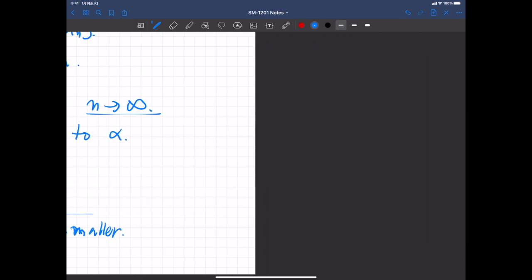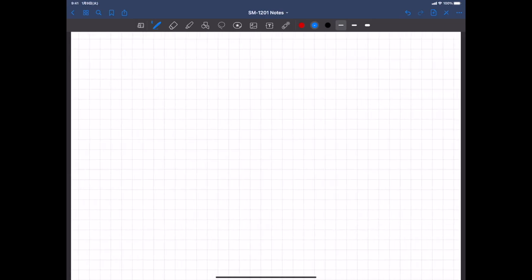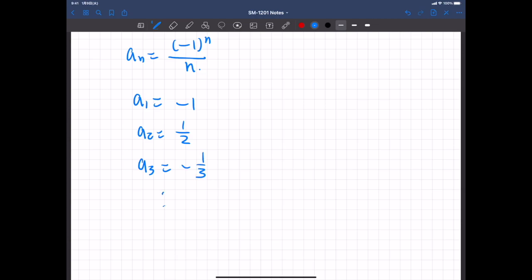Let's see a few examples of sequences. So first, let's say an is defined by -1 to the power of n over n. Then we have this: a1 is -1, and a2 is +1/2. a3 is -1/3, and so on.